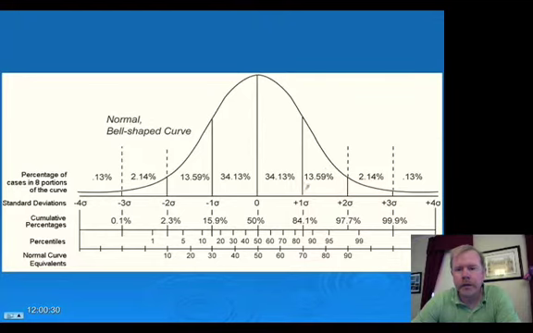This next segment here is about another 14% of the distribution, and it is between 1 and 2 standard deviations above, and this is typically considered to be sort of the above average. Conversely, of course, there's another 13.5%, and this is the below average segment of the curve, typically.